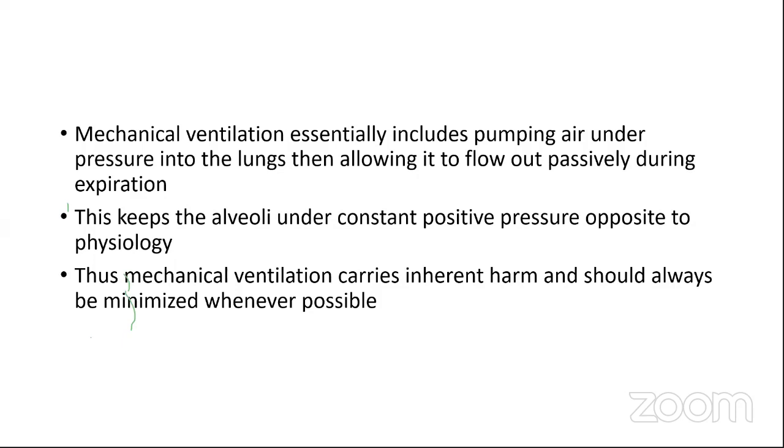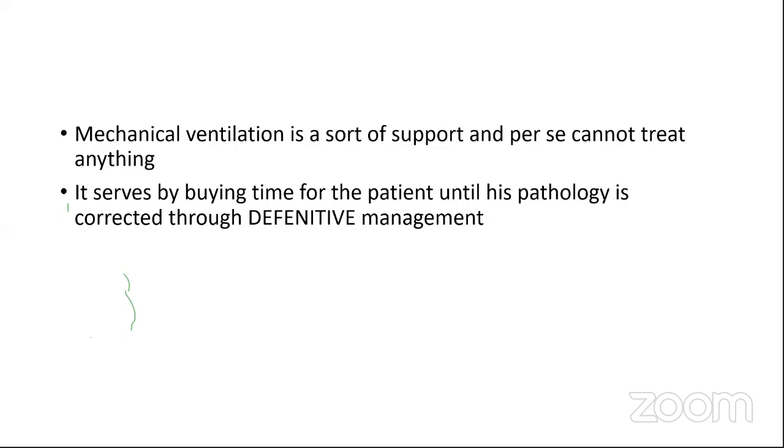So these are my two very important points I wanted to introduce before I go into the details, that mechanical ventilation is harmful, and hence it should be always minimized, and we can tolerate some deviation from a normal ABG as a price for that.